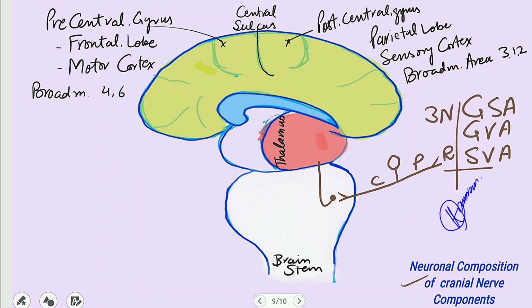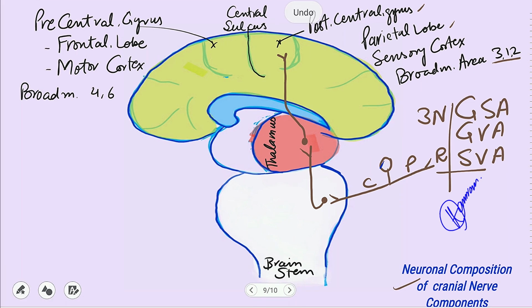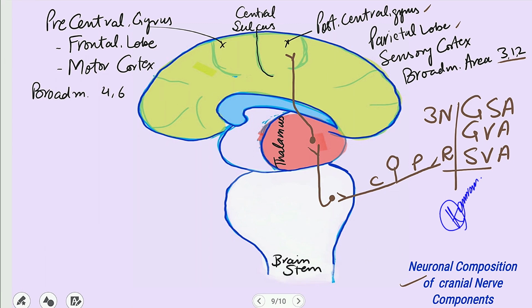The second order neuron will ascend and reach the thalamus, where it will synapse with the third order neuron, and the third order neuron is the last neuron. It will ascend and reach the destination, that is the postcentral gyrus of the parietal lobe, also known as Brodmann areas 3, 1, 2. This is the first order neuron, this is the second order neuron, and this is the third order neuron.